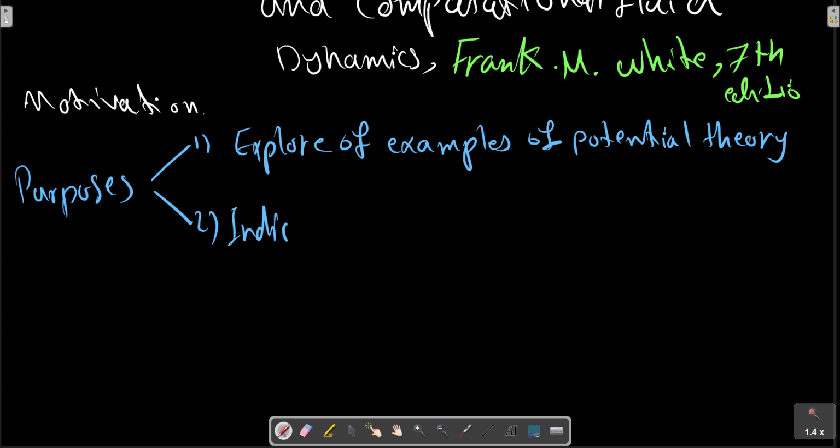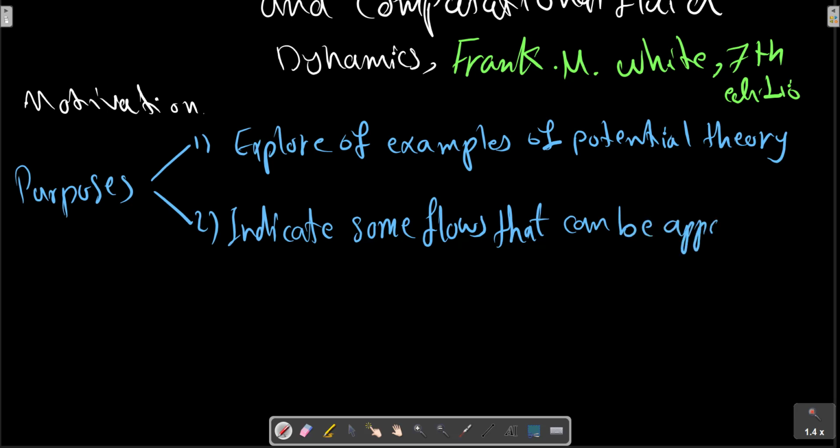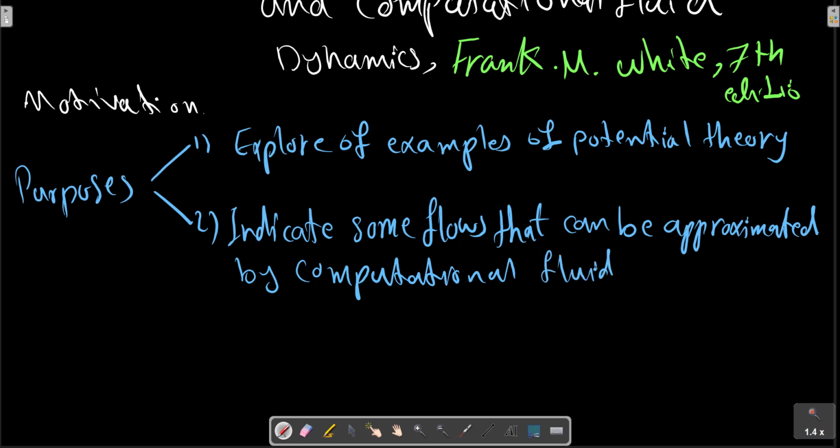Some flows that can be approximated by computational fluid dynamics, CFD.